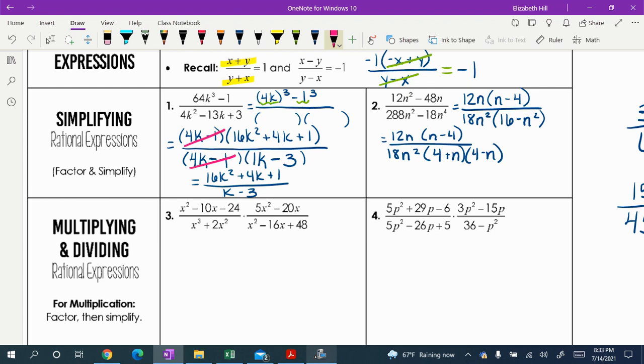All right, so I've got the n minus 4. And, actually, I got to look a bit more carefully at this here. I've got n minus 4, and I have a 4 minus n. So those technically, in the way that they are written right now, do not factor each other out. However, if I were to factor out a negative 1, that would make this a negative 4 plus n.